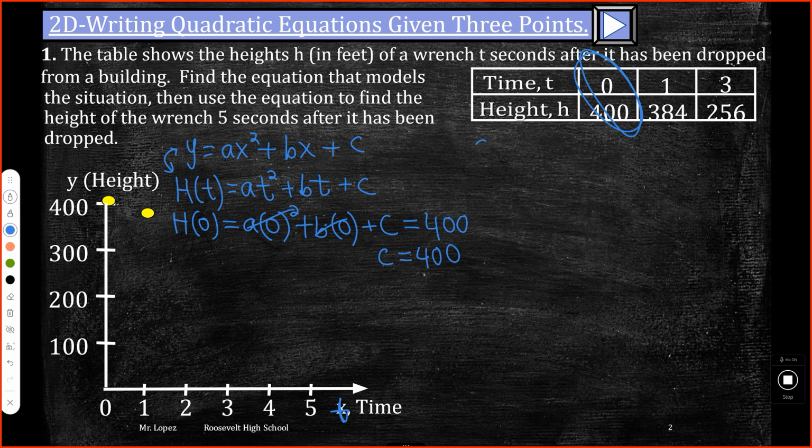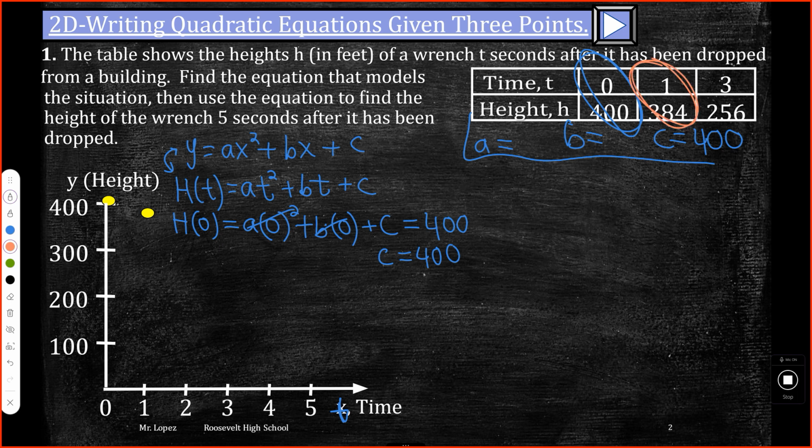I need to figure out a, b, and c, but I already know c is 400. So I need to figure out what a and b are now. To do that, I'm going to use the next point given.